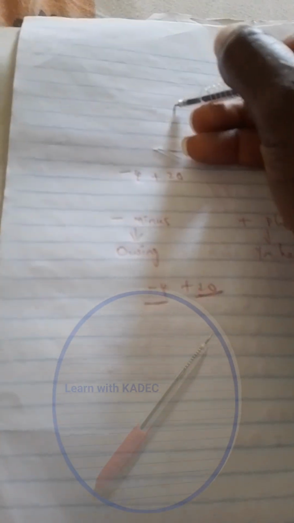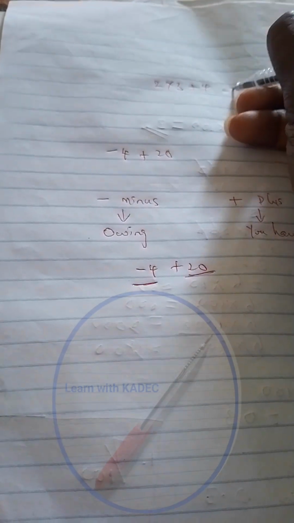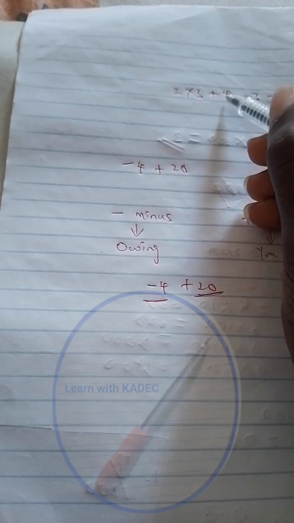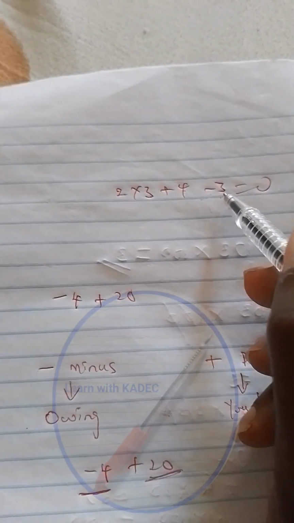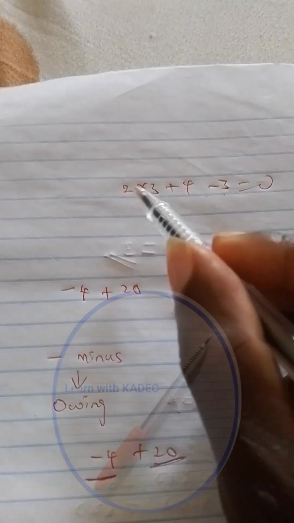Whenever you see anything like, let me say, 2 times 3 plus 4 minus 3 equals 0, whatever, this minus is not affecting this plus. This minus sign is only affecting this 3. This plus is affecting this 4. It means this is plus 4, this is minus 3, this is plus 3, this is plus 2.